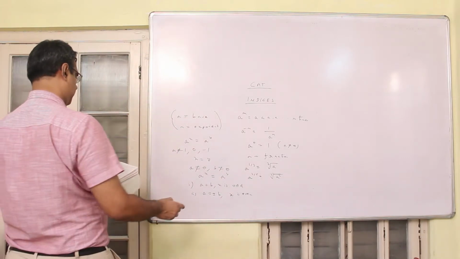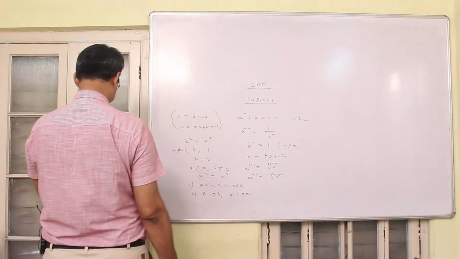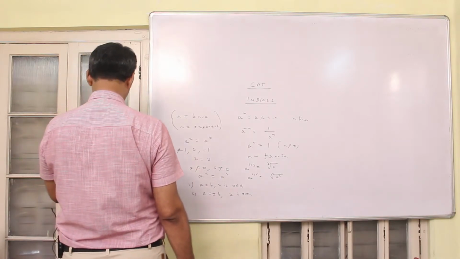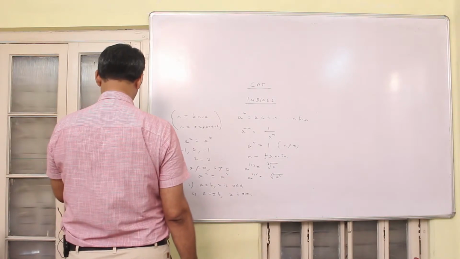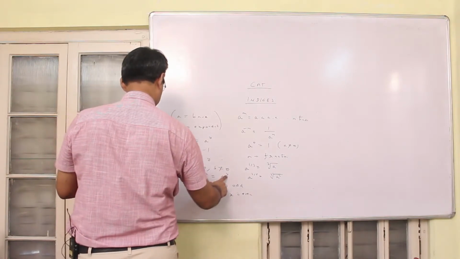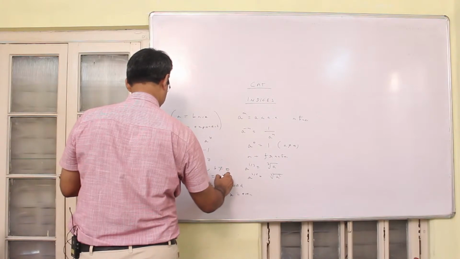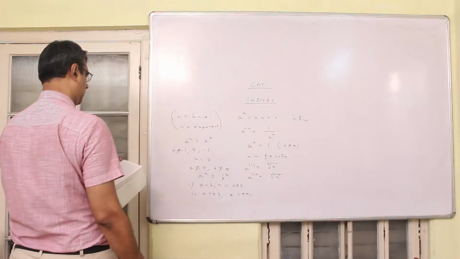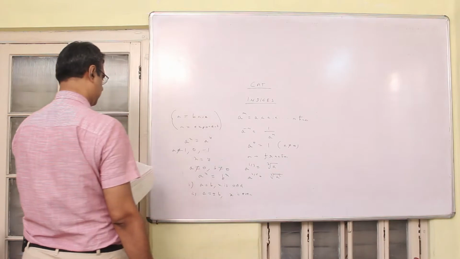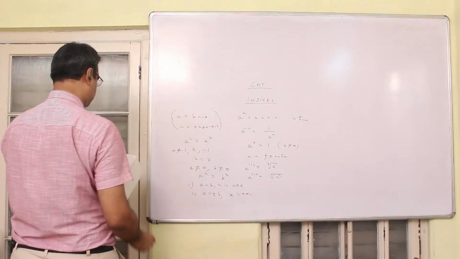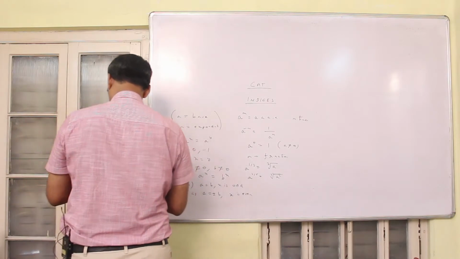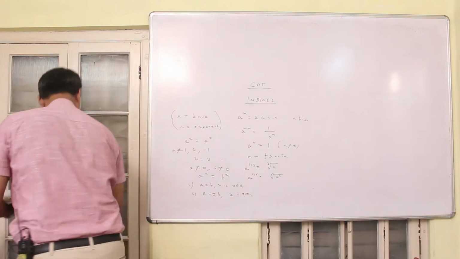Once again, if a to the power x equals b to the power x, and neither a nor b is 0, then a equals b if x is odd and a equals plus minus b if x is even.